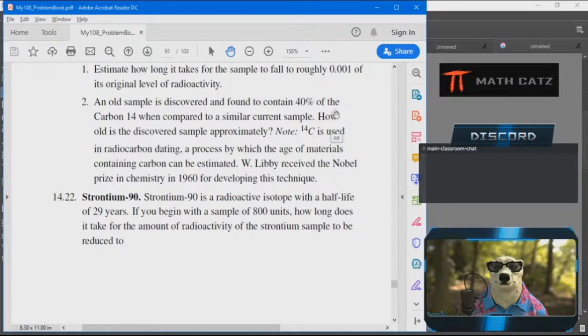So I get an old sample and I see, oh, there's only 40% of the expected carbon-14 left. How old is that sample? So how long did it take for carbon-14 to decay to 40% of whatever original amount there might have been?